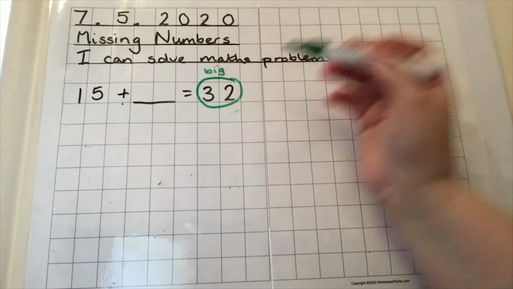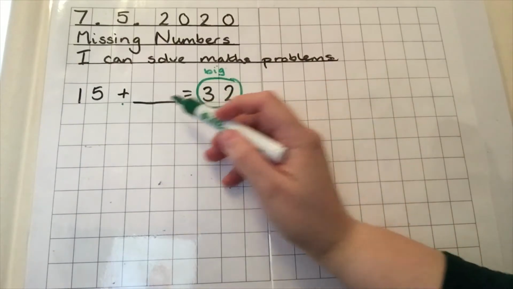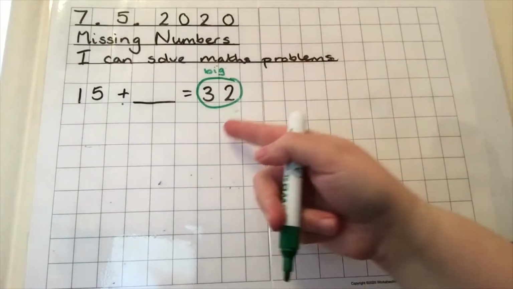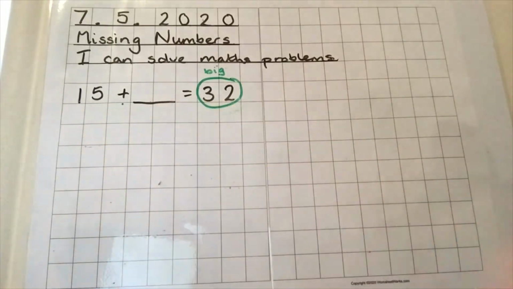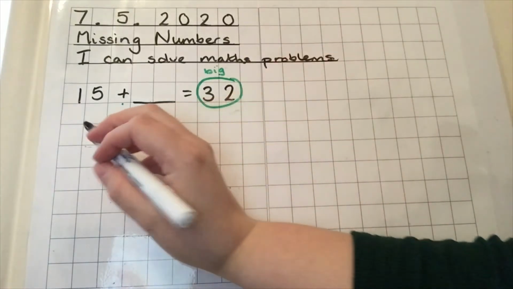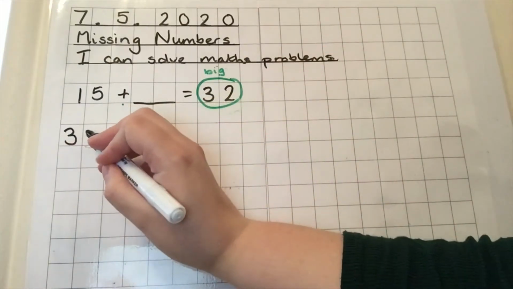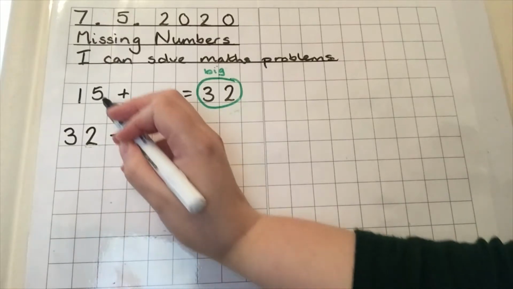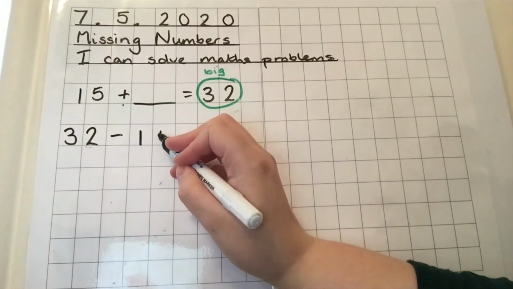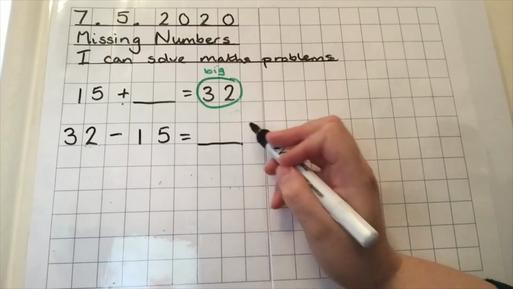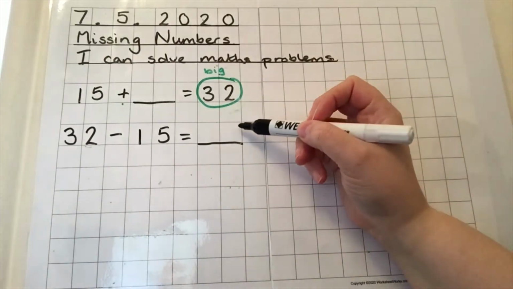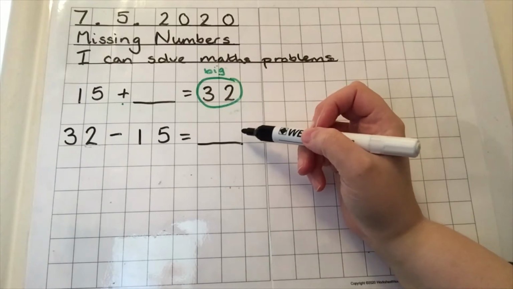And I know if I want to have one of my little numbers after the equals, that my big number has to go first, and I have to turn it into a takeaway with the fact families. So if I write my big number, take away my small number, it then puts the missing number at the end of the equation or sum.